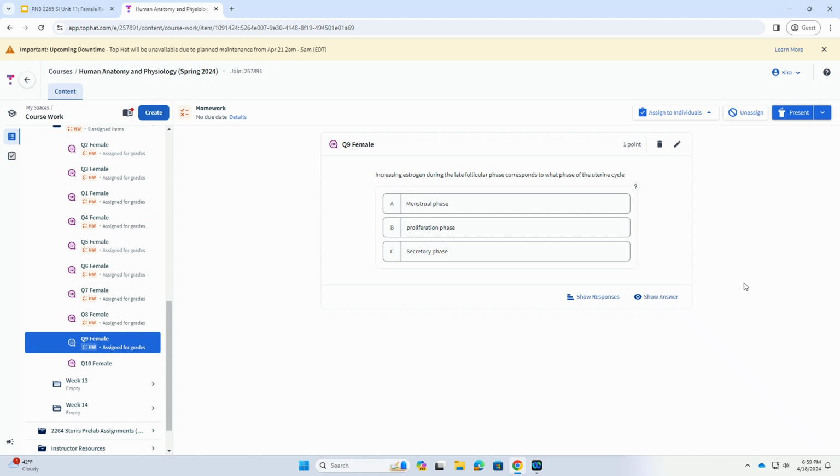Increasing estrogen during the late follicular phase corresponds to what phase of the uterine cycle? This is a tough question here.